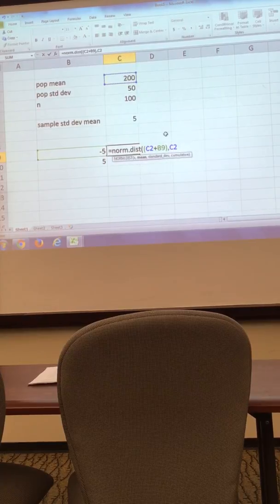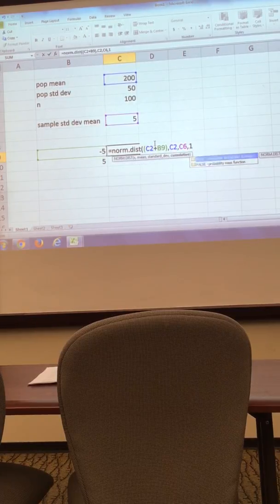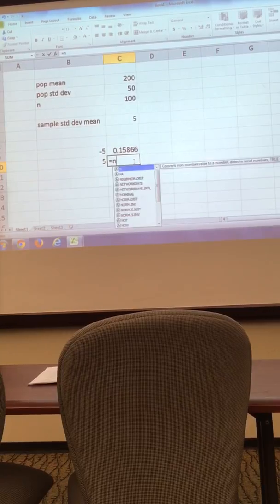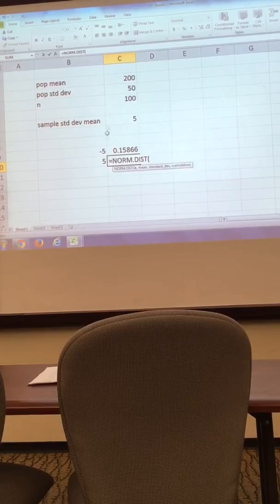Our mean is 200, and our standard deviation is 5, because we're dealing with the sample standard deviation. We just do 1 for cumulative. And then we're going to do our upper point, 1 standard deviation above. It's going to be our mean plus the 5.